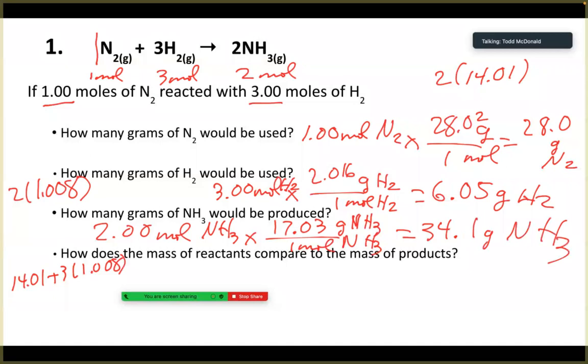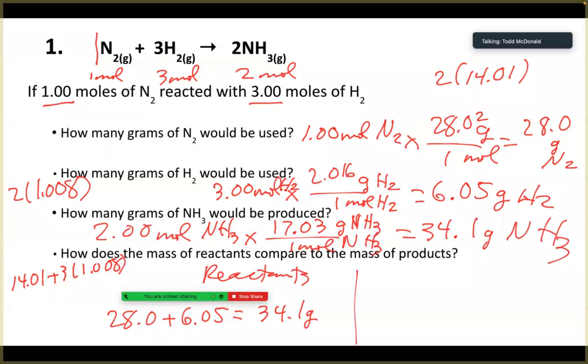So all I'm doing here is trying to show you that we could also think in terms of grams, not just moles. So if you look closer here, it says, how does the mass of the reactants compare to the mass of the product? So if I add up the 2 reactants, 28.0 plus 6.05, that ends up giving me 34.1 grams of reactants, right?